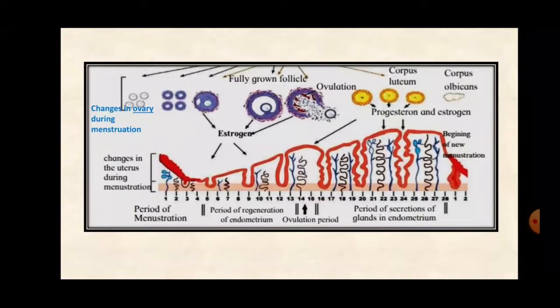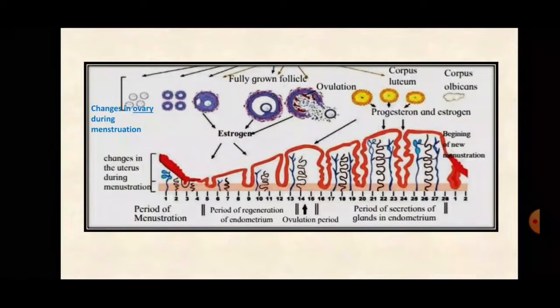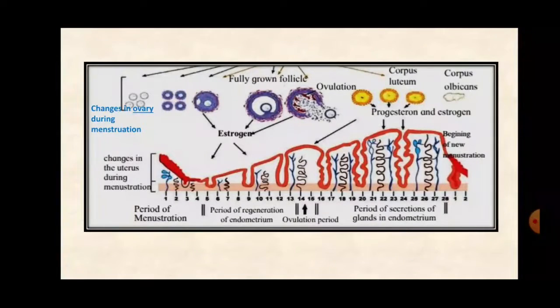Why is the endometrium formed? Because if fertilization takes place, the baby will be implanted in this endometrium in the uterine wall.